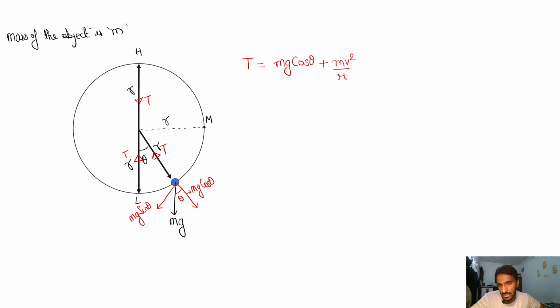v is the tangential velocity at this particular point. This is the force that we have to deal with.